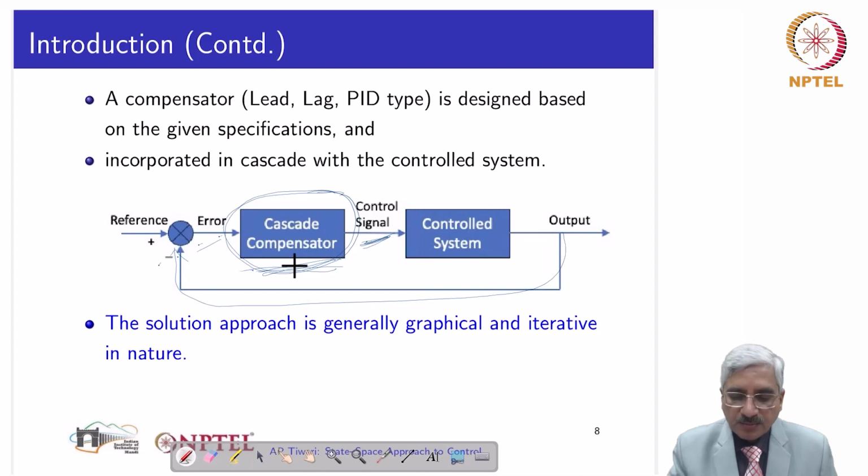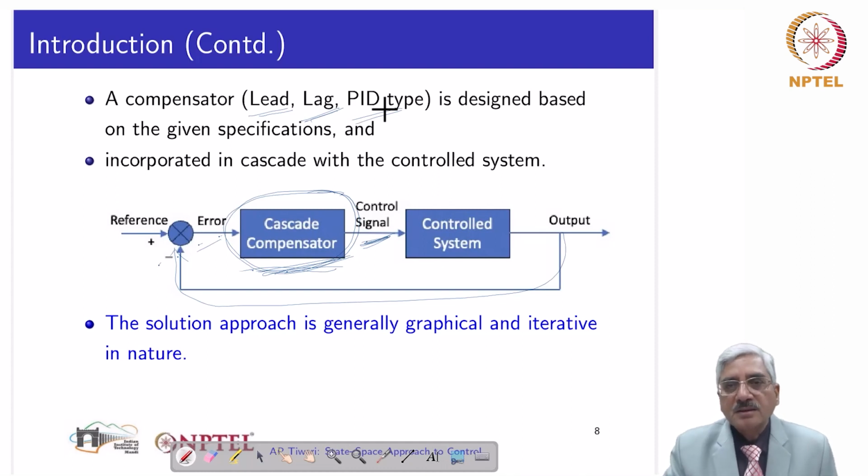That is the idea. So this compensator has to be properly designed, and the forms of compensators that were considered in conventional control are, for example, a lead compensator, which was used to get the desired transient response, a lag compensator to achieve good steady state error characteristics, or a PID type to achieve both.